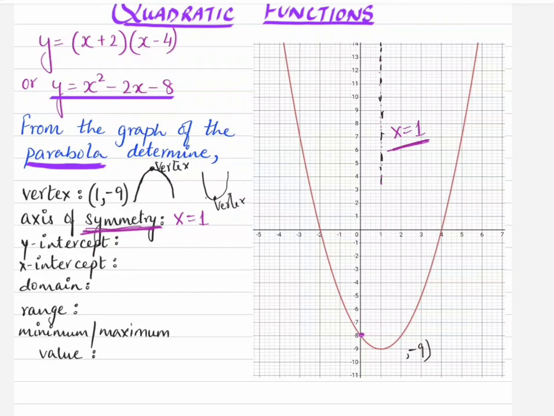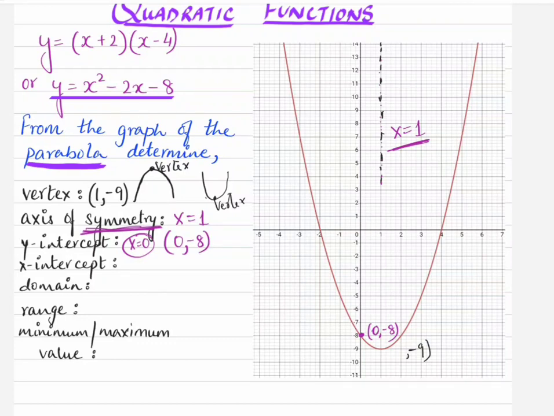So the y-intercept is at y equals -8, or if we label it, x is 0, y is -8, right? On the y-intercept, your x value is always 0, right? So the coordinate is (0, -8), right?